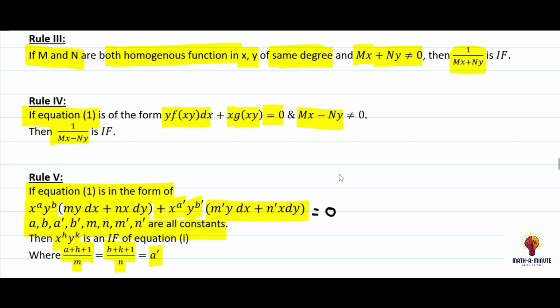Equation 1 we can write in the form y f(xy) dx + x g(xy) dy = 0, and if Mx − Ny is not equal to 0, then we can say the integrating factor will be 1 by (Mx − Ny).